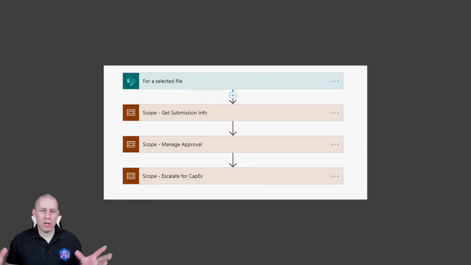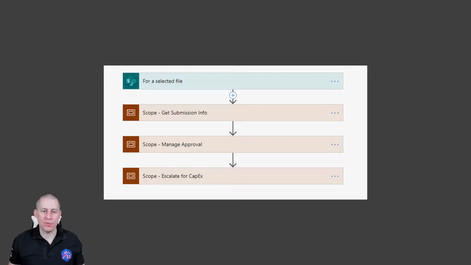Now, the first thing that I'm going to do is I'm still not going to go headlong into creating all of my logic. The 3 sections that I outlined in my initial plan, I am going to basically translate into my flow. And I love using scopes.